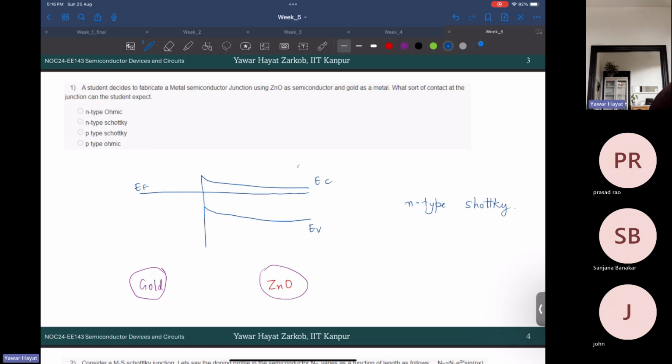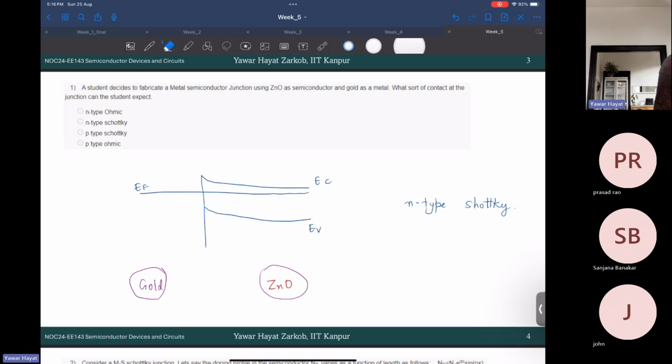The justification for this is that the work functions are such, right? As I said, for gold, the work function varies, and the range can be anywhere between 5.1 to 5.47 electron volt.